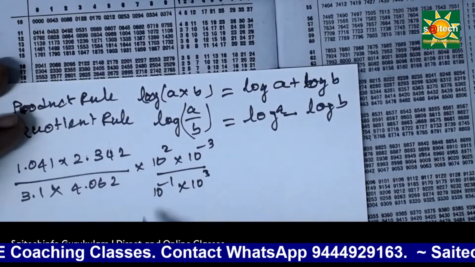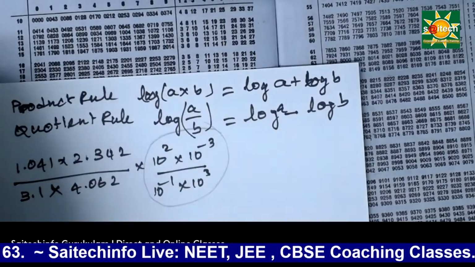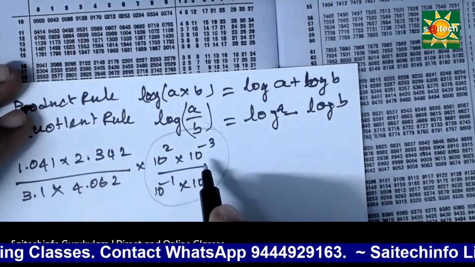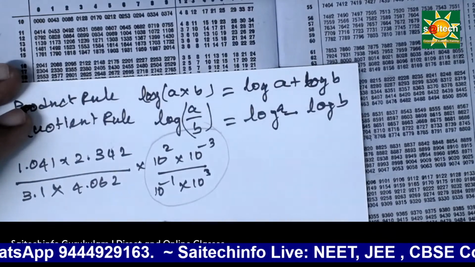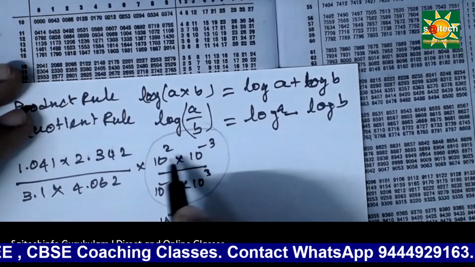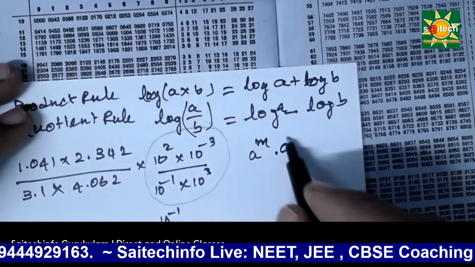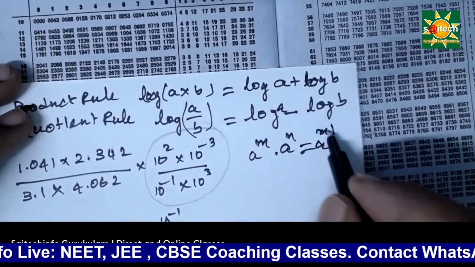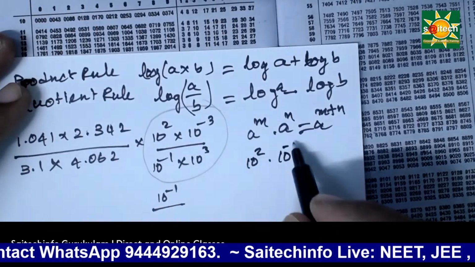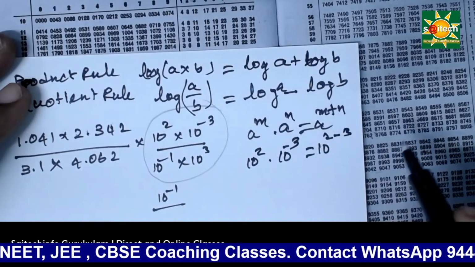Now let us solve this alone. This can be done manually. 10 squared into 10 power minus 3, we know what that is: 10 power minus 1, because we use the formula a power m into a power n is equal to a power m plus n. In that case 10 squared into 10 power minus 3 means 10 power 2 plus minus 3, therefore 10 power minus 1.